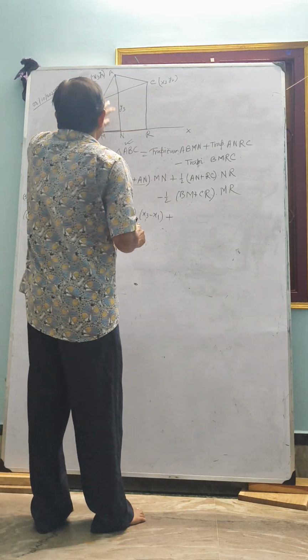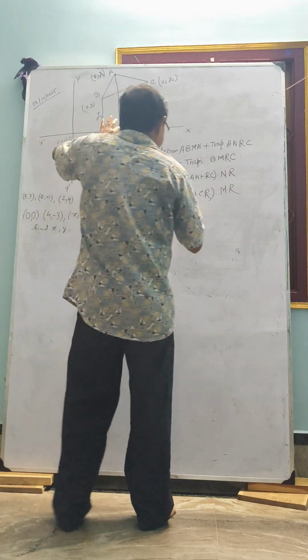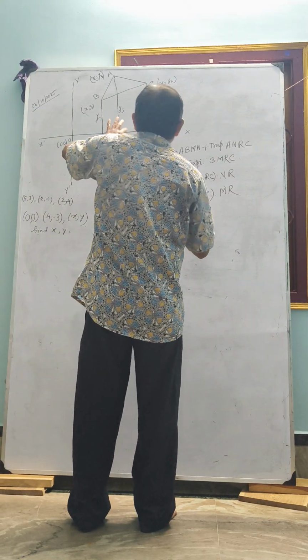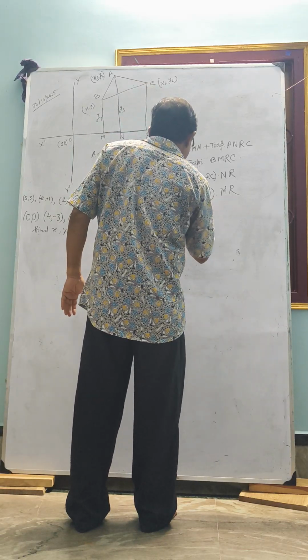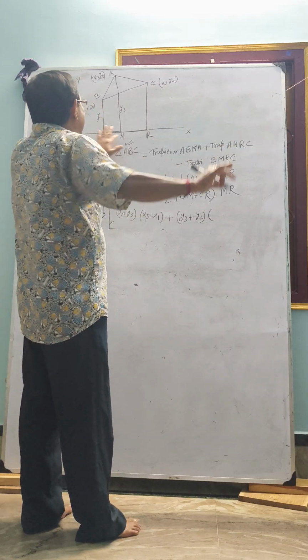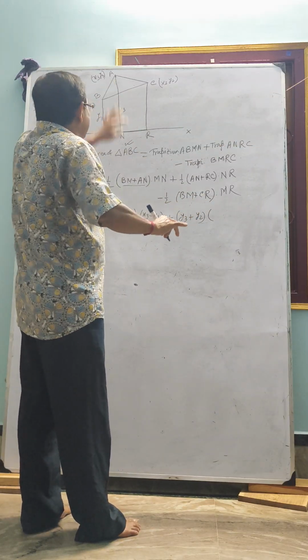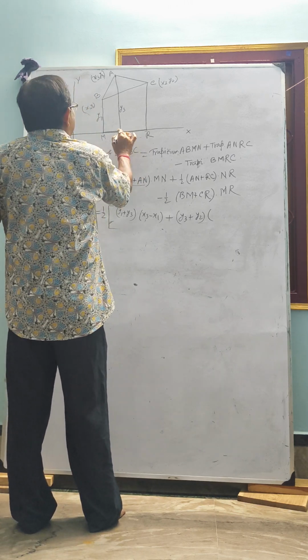AN. What is AN? AN is y3. y3 plus RC, RC that is y2, into NR. NR means OR minus ON.